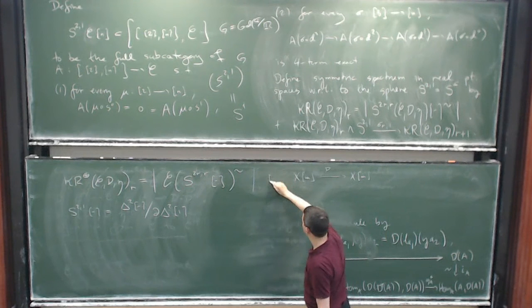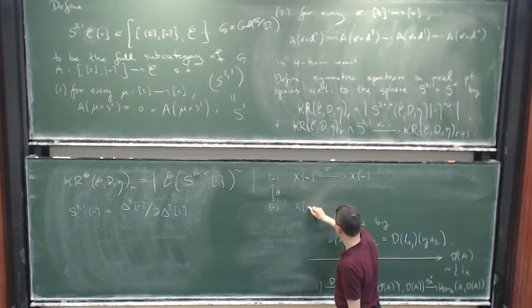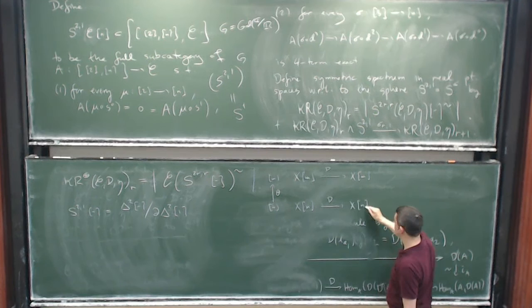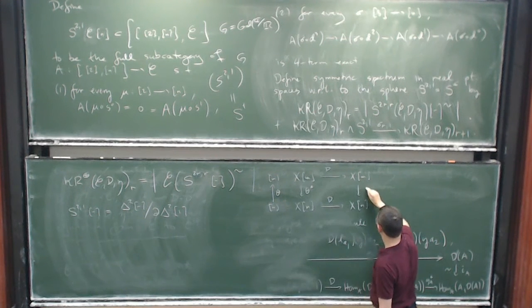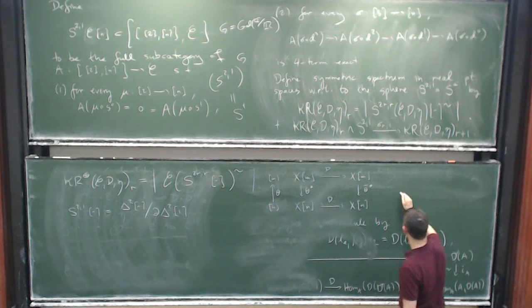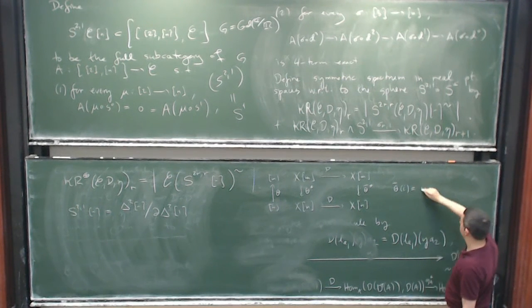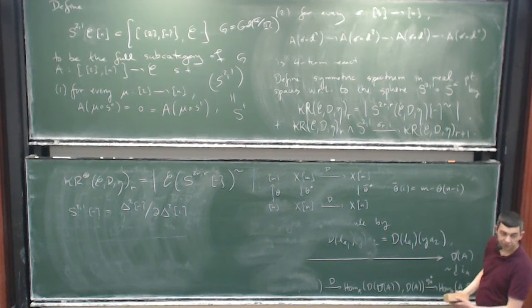And if we have a map like this, then this commutes, where theta bar of i is theta of n minus i.